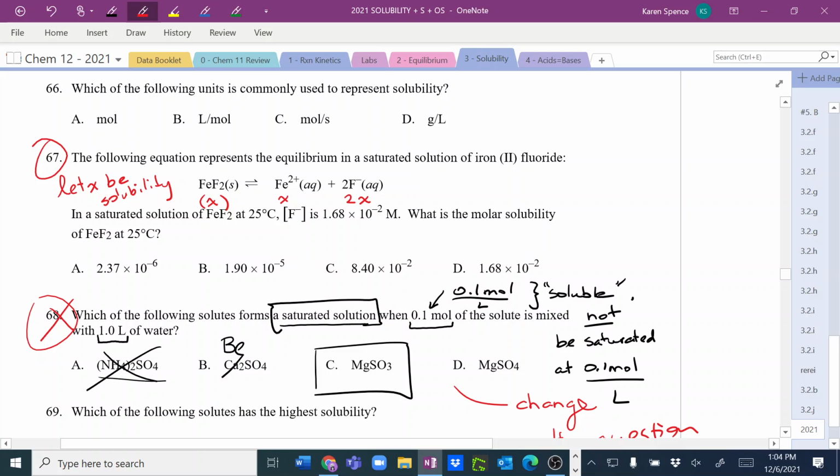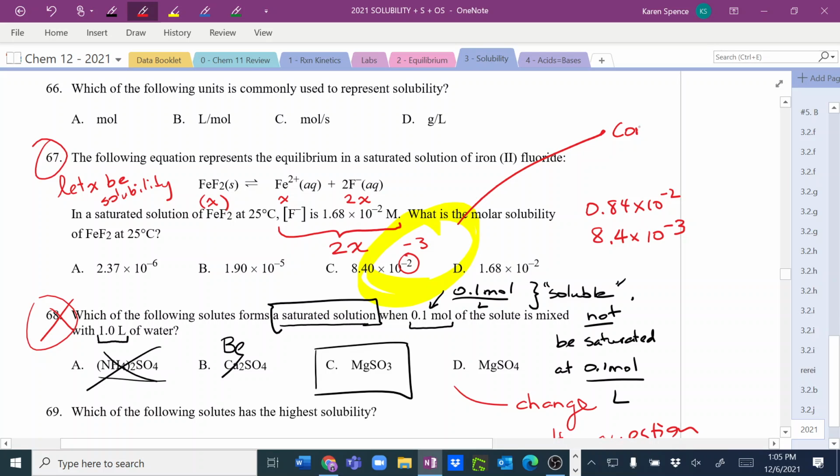So fluoride is 2X, yes? The solubility is going to be X, so it's going to be half that quantity, yes? So that would be 0.84 times 10 to the minus 2, which would be 8.4 times 10 to the minus 3. This question needs correcting as well. Okay.